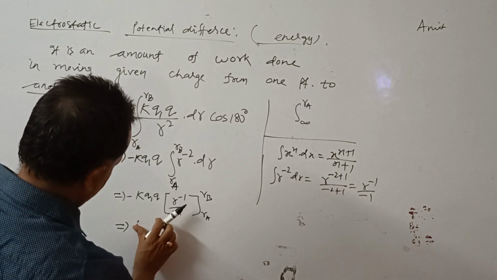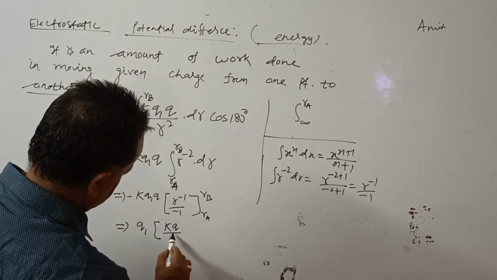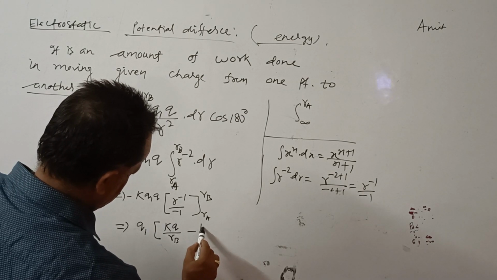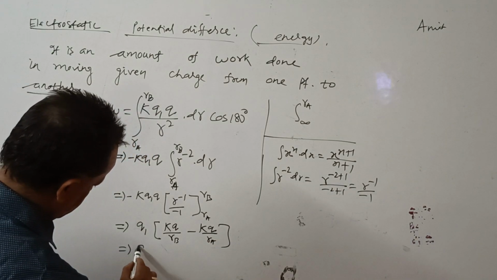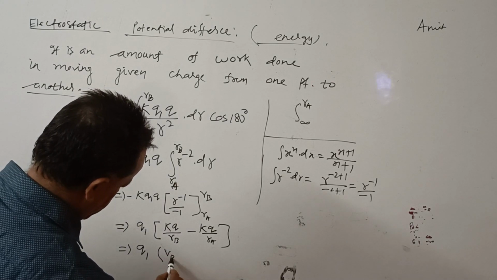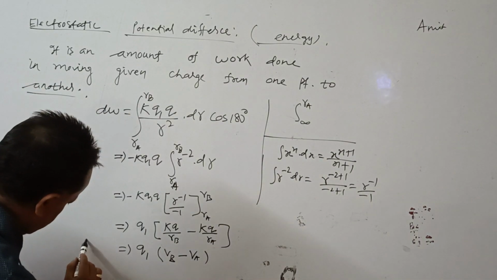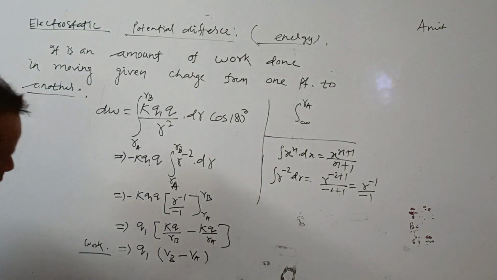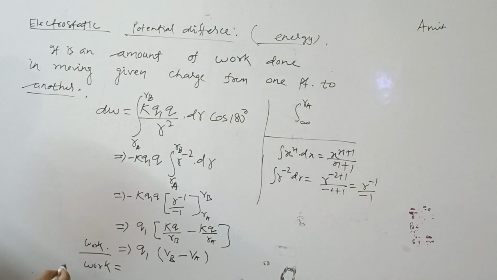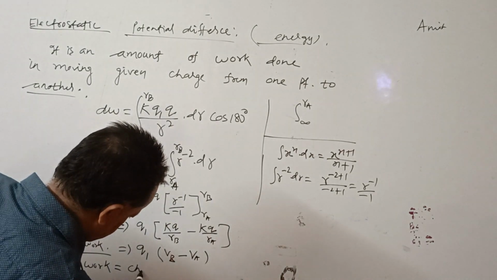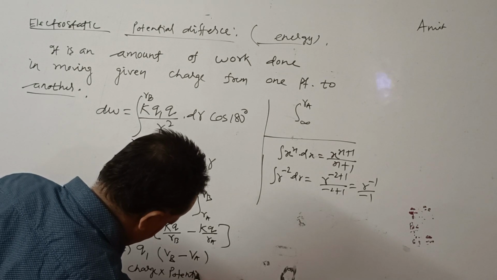So we have q1 into q upon RB minus q upon RA, that is q into VB minus VA. This is the work done. We will have numerous numericals based on it. Work done in moving a charge from one point to another is equivalent to charge into potential difference.